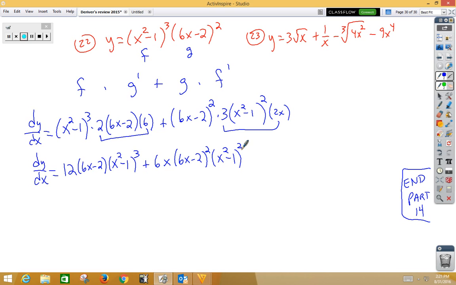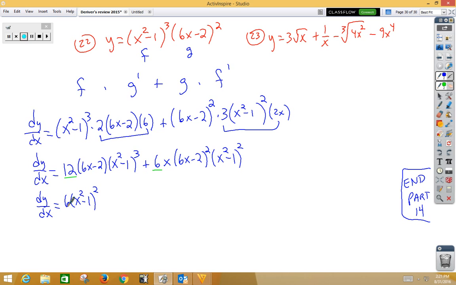Let's go ahead and do that so we can see that one more time. So if I take out the x squared minus 1 squared, and I also have, looks to me like we could take out from a 12 and a 6, we could take out a 6 there.